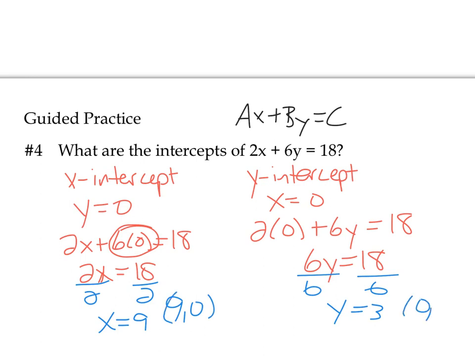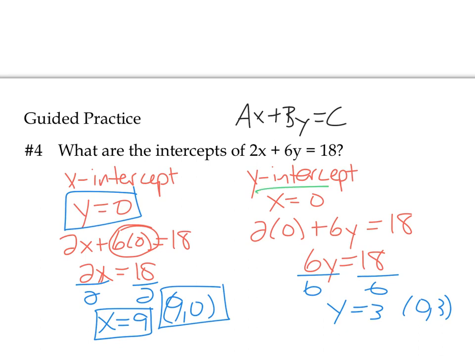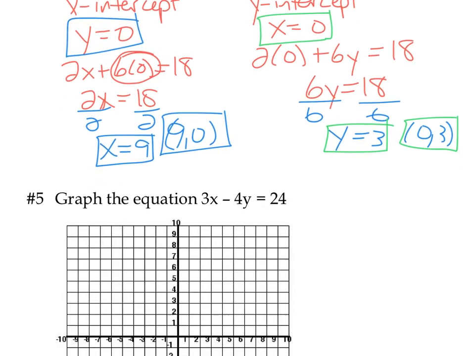This would be 0, 3. We would know those would be points that are on the graph for that equation. A y value of 0, an x value of 9 gives us the point 9, 0. An x value of 0, when we put it in the equation, gives us a y value of 3. We get 0, 3.